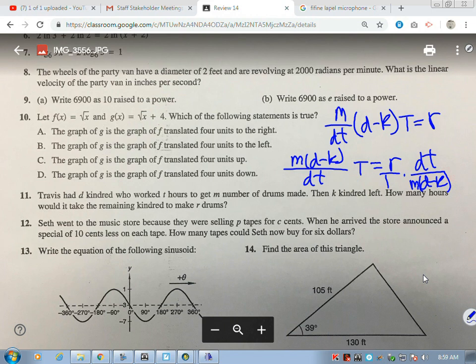I should get R DT over M times D minus K. Make sure that matches with my answer. R DT over M. And you could distribute the M if you want. I'm not going to count off if you have R DT over MD minus KM.